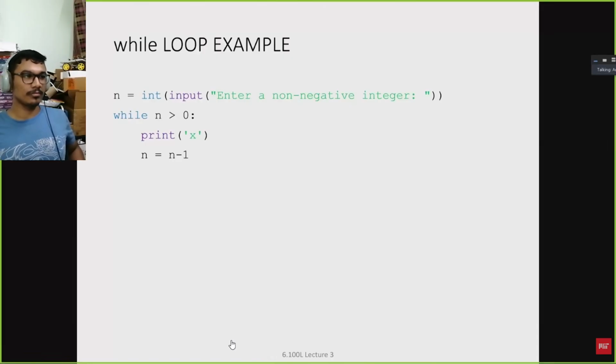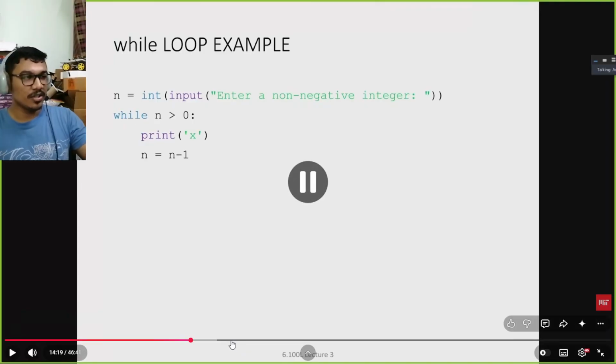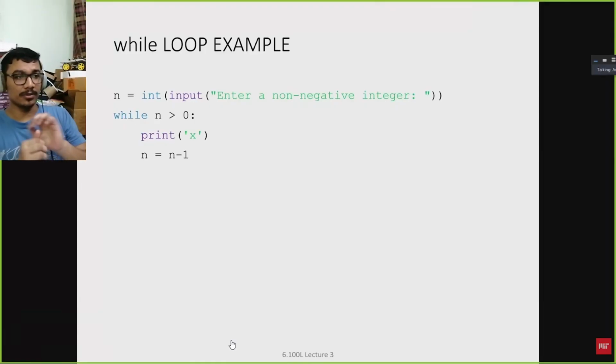Okay, so another use of while loops is with numbers. Okay, let's look at this example. I'm going to ask the user for an integer. So let me just understand this before the lecturer says. So here n is an input, which is an integer, and we're gonna take it from the user. While n is greater than 0, print x.